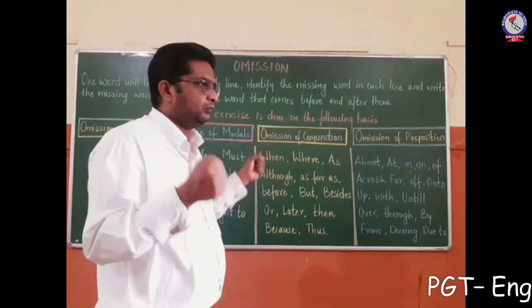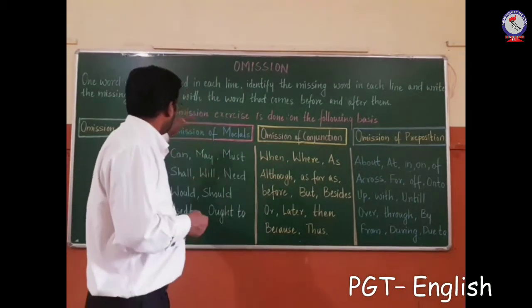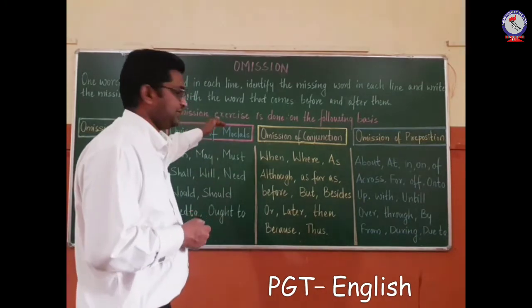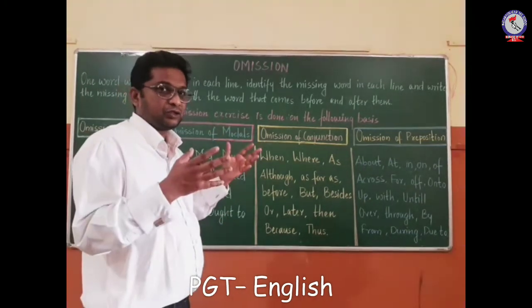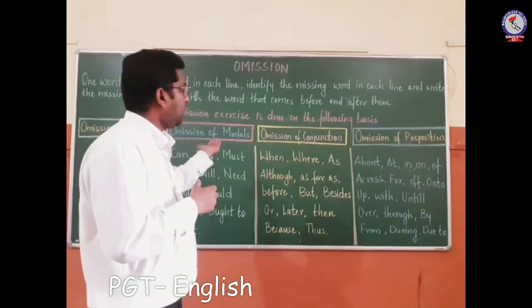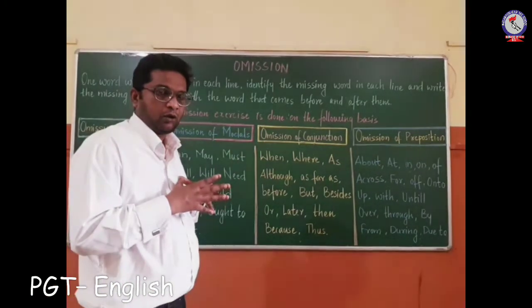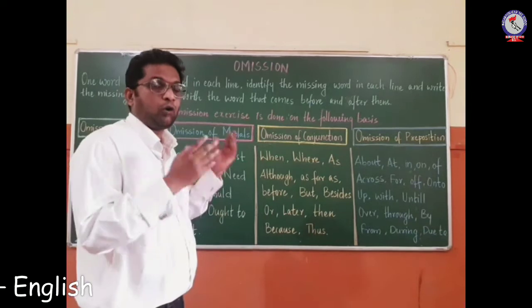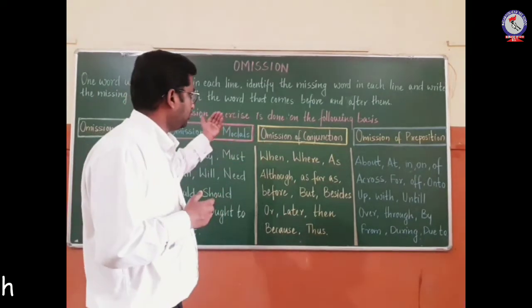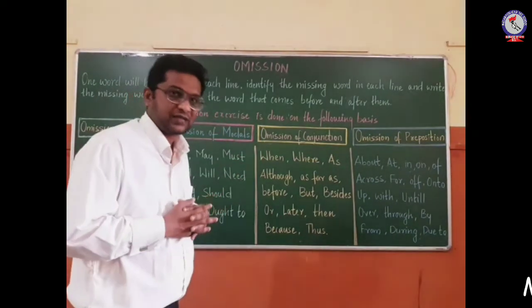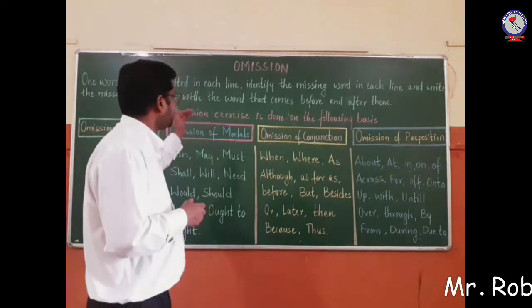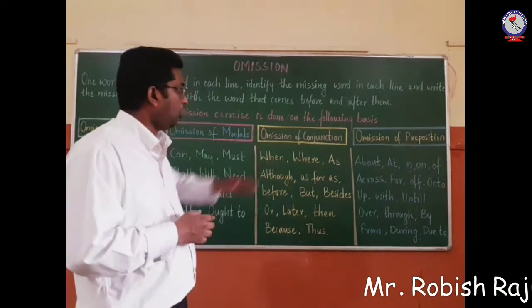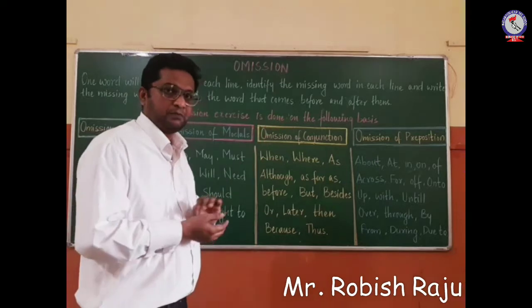Now let's move on to the omission exercise. That means how we are supposed to do the exercise, on what basis we should do the omission exercise. See here, omission exercise is done on the following basis.